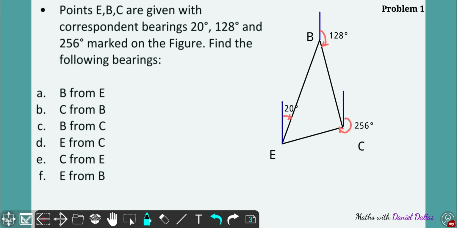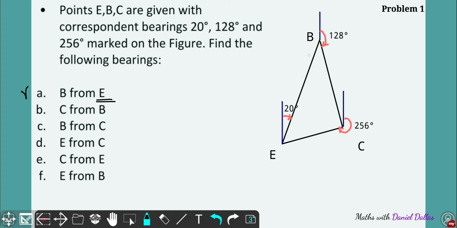All right, so let's have a look. The first one, we need to find the bearing of B from E. So here is the point B, and here is the point E. Make sure you remember that when you consider 2 points, you set up the north direction at the point E, because right now you're going to move to the point B. B is the final point where you need to go.